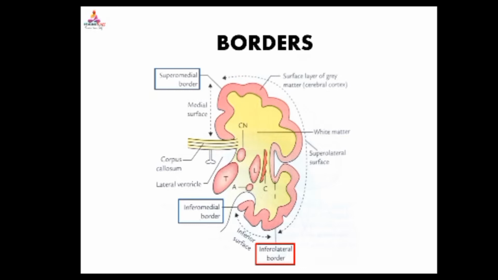It separates the superolateral surface from the tentorial surface. Posteriorly, this border exhibits a notch, the preoccipital notch, about 3 cm in front of the occipital pole. This notch is used as a useful surface landmark.